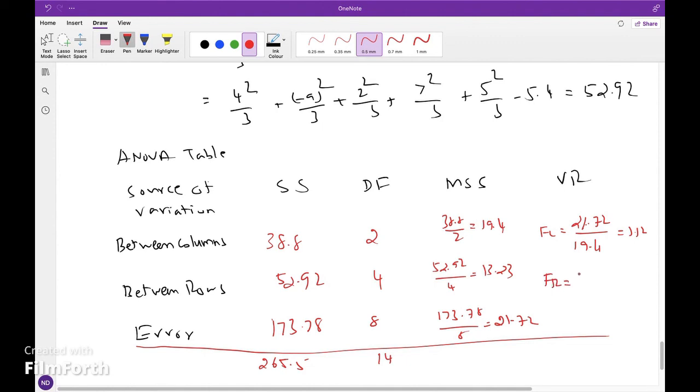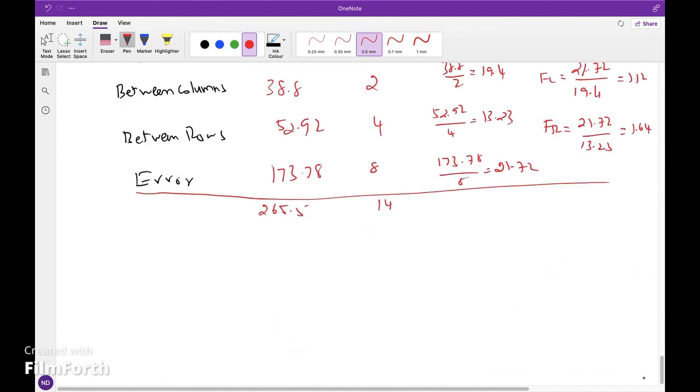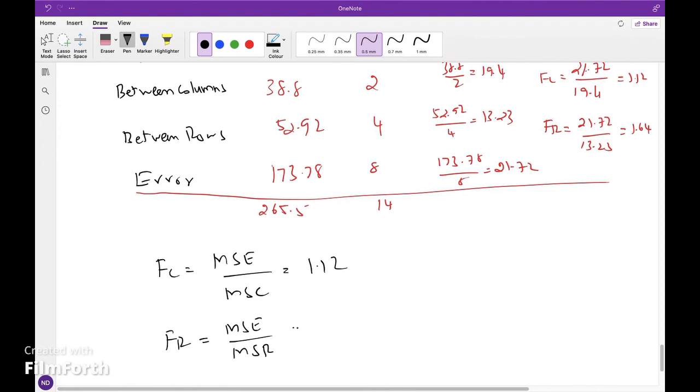Row wise, 21.72 by 13.23, that value is 1.64. The test statistics: F column wise is 1.12, F row wise is 1.64.